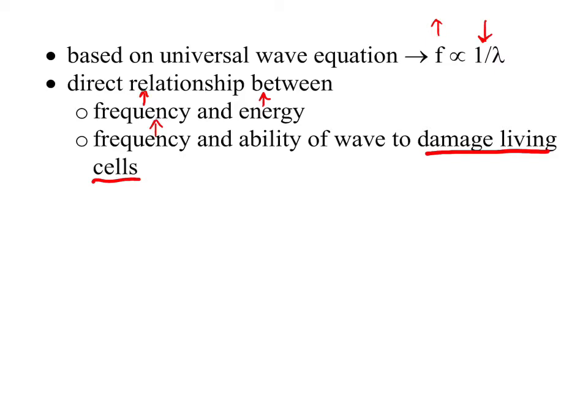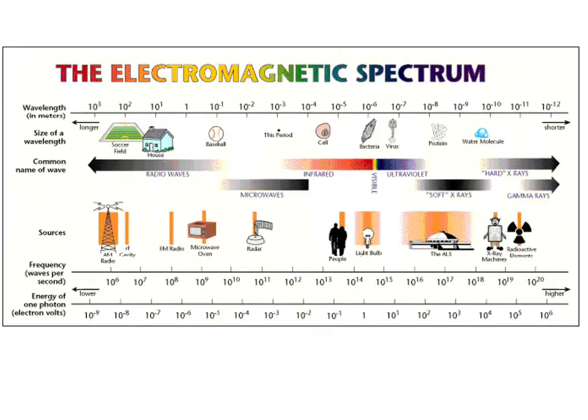But when we get really, really high frequencies of EMR, yes, it becomes very damaging. That's the type of radiation that you hear about when you hear about atomic bombs and things like that. That's the type of radiation that's really bad for you because it has a very, very high frequency. So let's go over that big spectrum and see what is what.